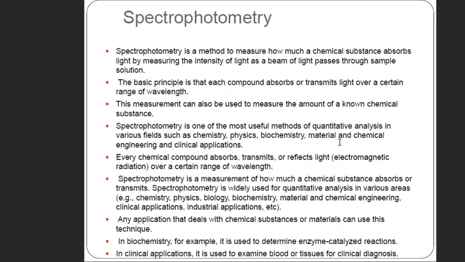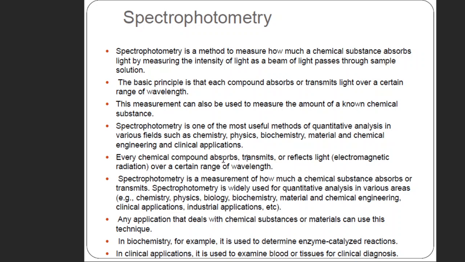Now every chemical compound absorbs. There are different terminologies, so listen very carefully. The compound can absorb; absorb means it holds with itself. Transmit means it allows light to pass through it. Suppose we allow a radiation to hit a particular solution. Some of the radiation will be absorbed and the remaining will be transmitted, also known as reflected.